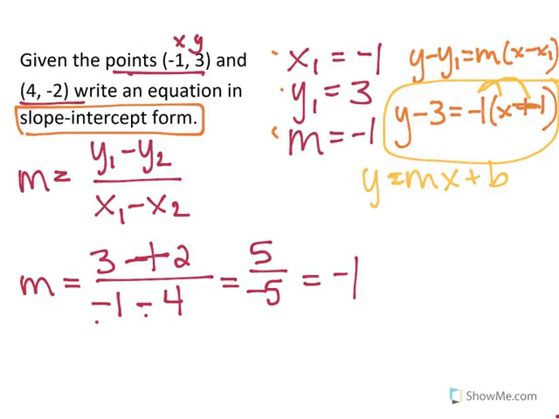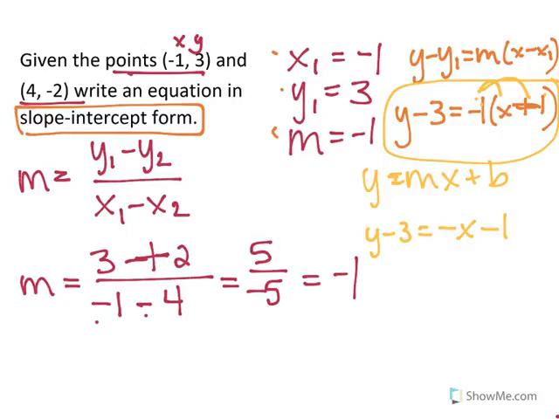So I'm going to rewrite this equation as y minus 3 equals, and then we've got negative 1 times x, so it's negative x, and negative 1 times positive 1, which is a negative 1.